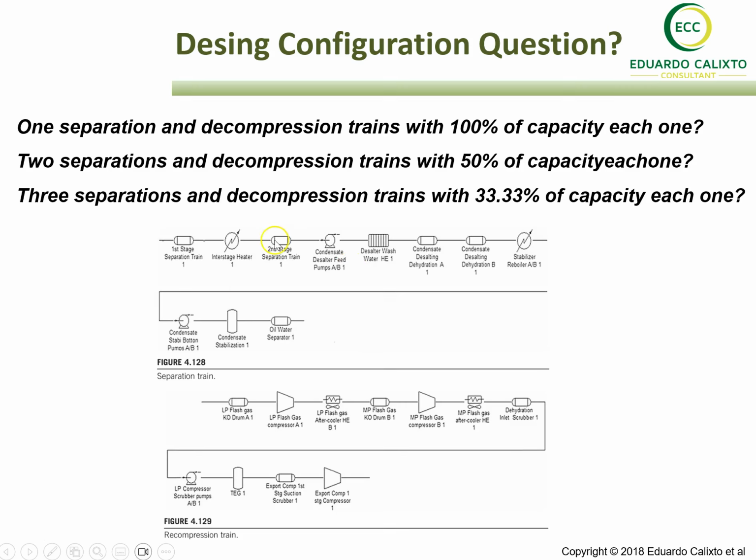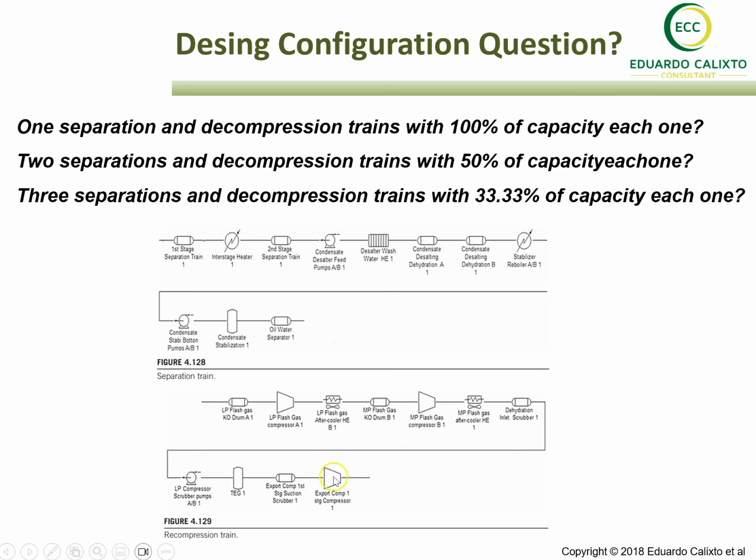So the solution here, the second proposal, is to have two in parallel of this separation train. That means each parallel has 50%. So if one of these components in one line shuts down, I will lose only 50% of capacity. The same applies to the recompression trains, where I have the compressors.